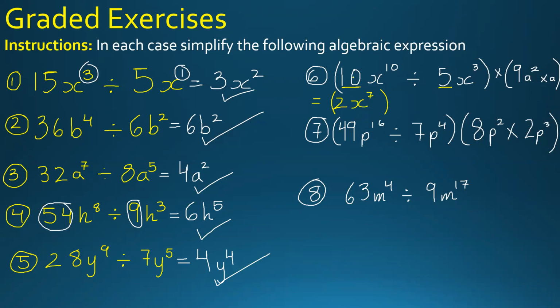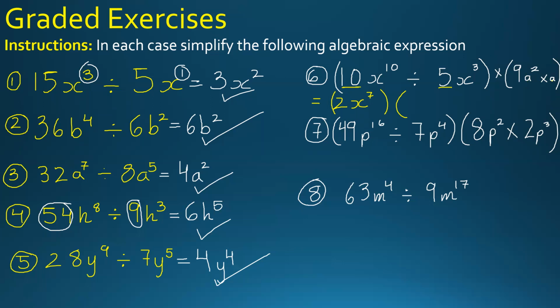So for number 6, we do 10 divided by 5, which is going to be what? 2, right? And then 10 minus 3 is what? 7. And then after we do that, we have 9 a squared times a.